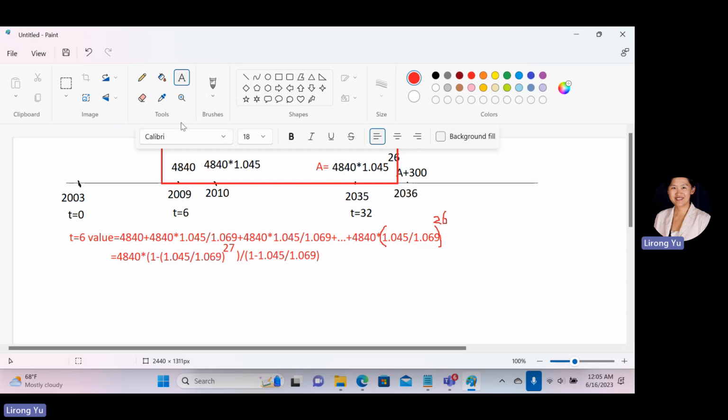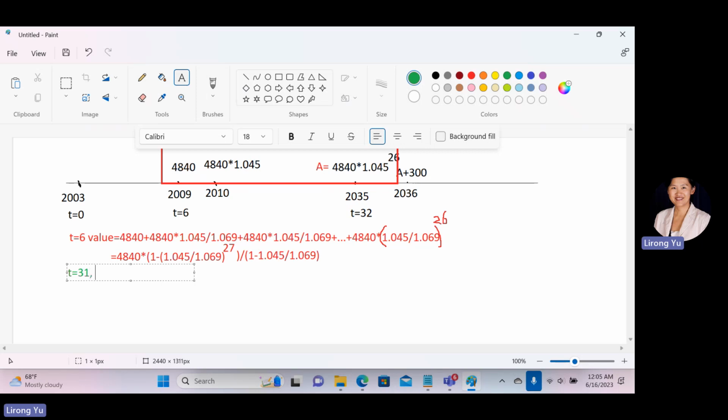And then after that, we can find the value of the rest of the payments. Instead of directly calculating the value at t equal to 0, for the sake of applying the formula, we can temporarily calculate the value at t equal to 31.